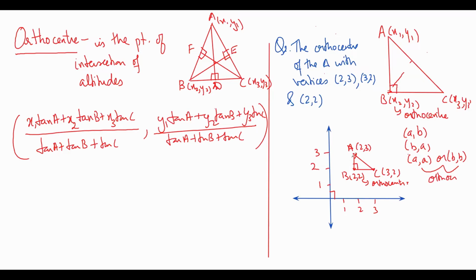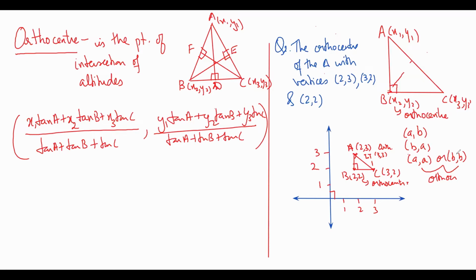If one of the vertices is 2, 3 and another is 3, 2, and the third one comes out to be 3, 3, then again this is a right angle triangle, and my orthocenter in this case comes out to be 3, 3. Okay, so instead of plotting, you can directly write AB, BA, then either option AA will be your answer or option BB will be.